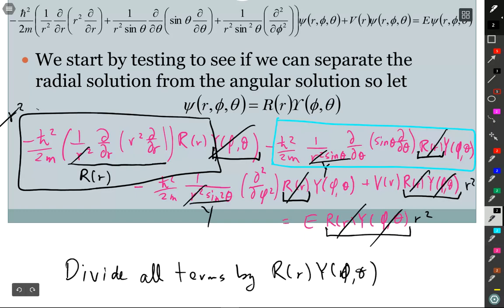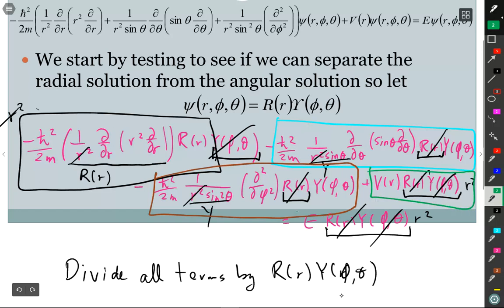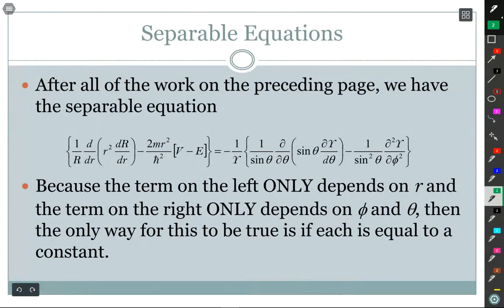I have Y. And what about this brown box? And then what about this green box and this green box? Okay, so I have three terms, the black one, the two greens that are just R, and two terms, the brown and cyan that are just Y. So that's what this is doing here.